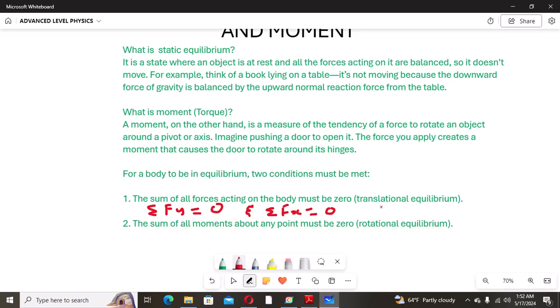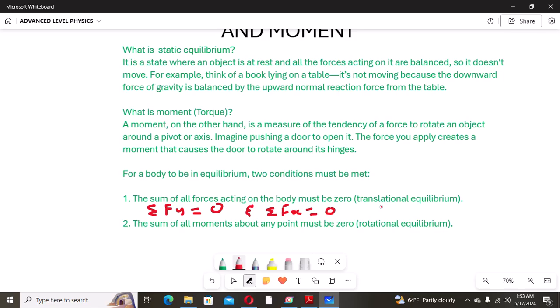If you think of this book, there is no force pushing it to the right, and there is no force pulling it to the left. So the forces in the horizontal direction sum to 0. The forces in the y direction also sum to 0. So the resultant force acting on the body is zero.